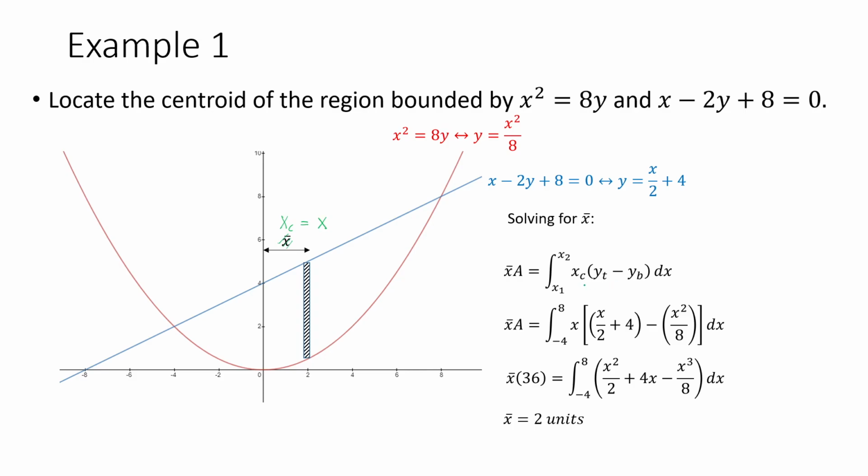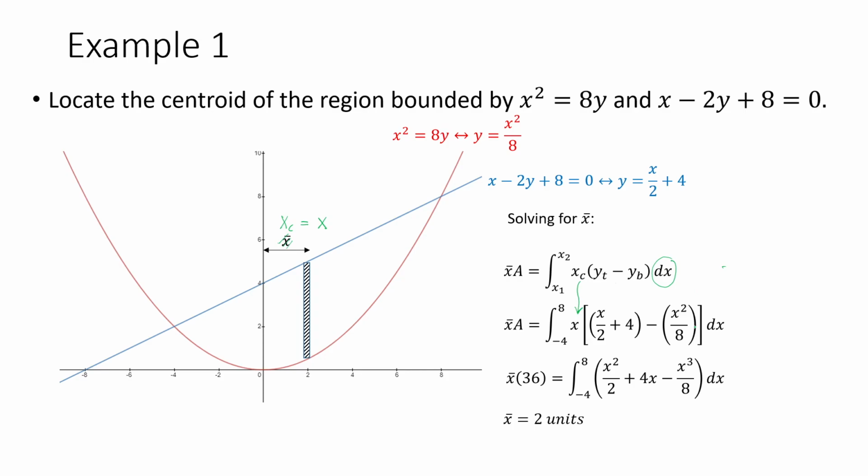So that's why in the solution, x sub c becomes x only. Of course, we try to represent it as x, not x sub c, because we are integrating with respect to x, right?